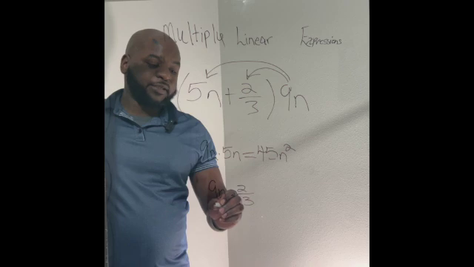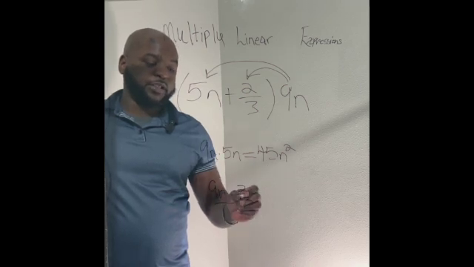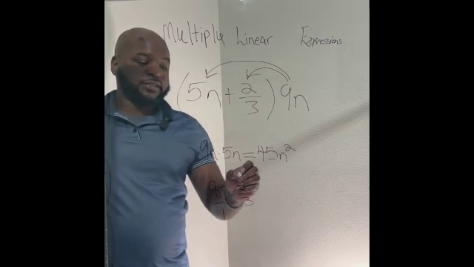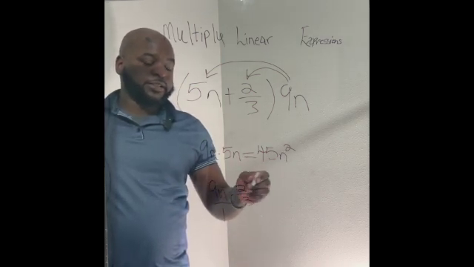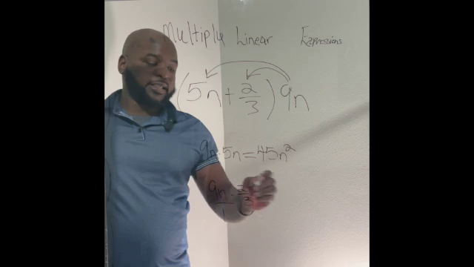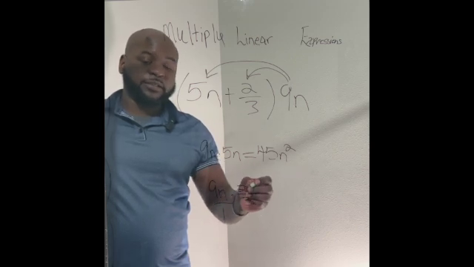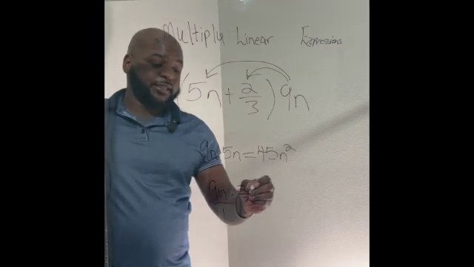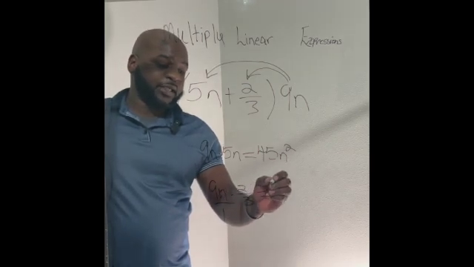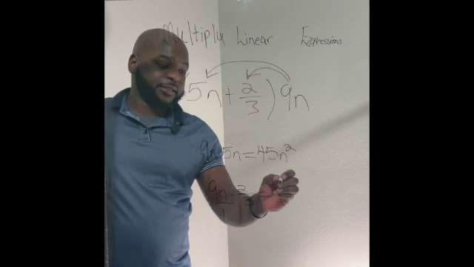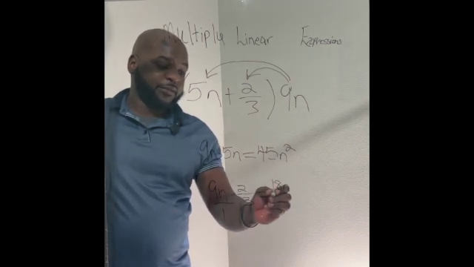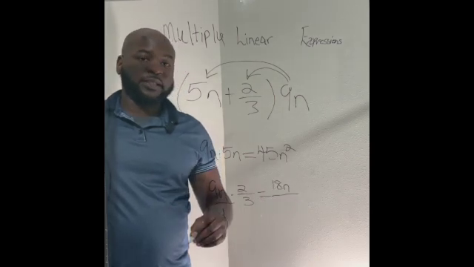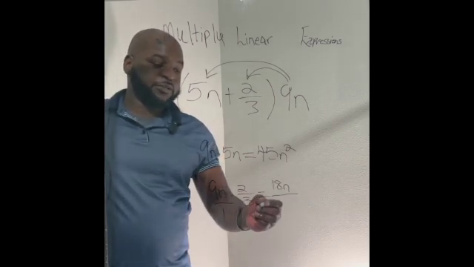And when I multiply across, it's going to be 9n over 1 times 2/3. So 9n times 2/3 is going to basically be multiplied with my numerator times my numerator and my denominator times my denominator. So 9n times 2 equal 18n. Okay? So now I multiply my denominator. 1 times 3 equals 3.